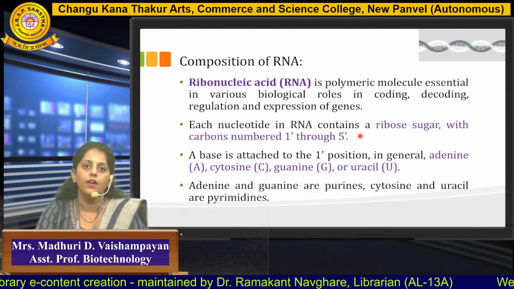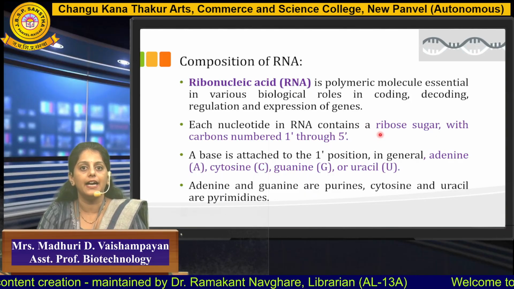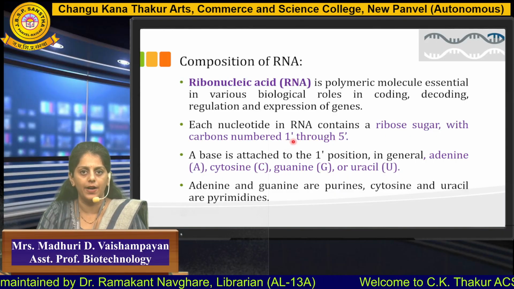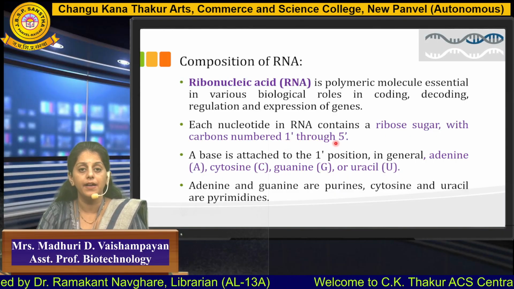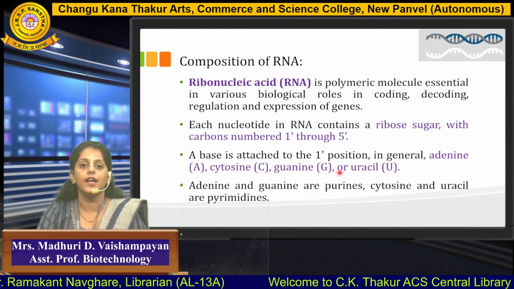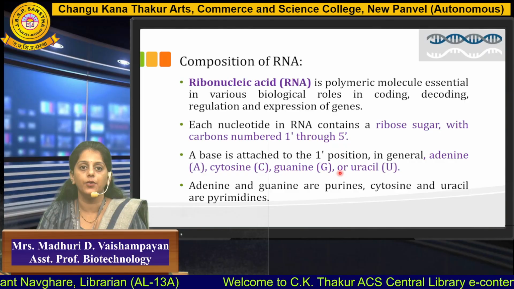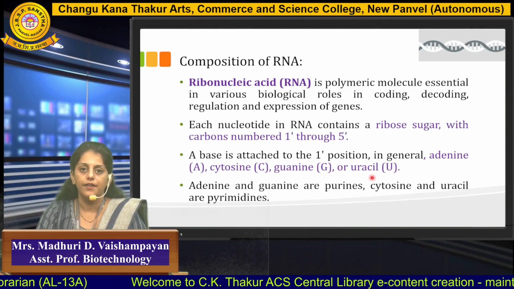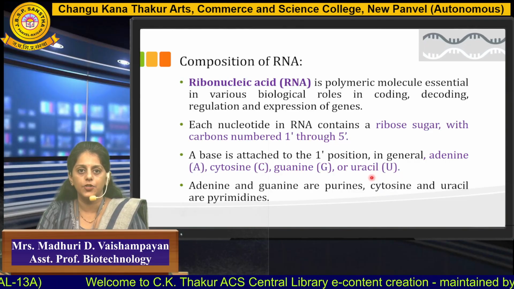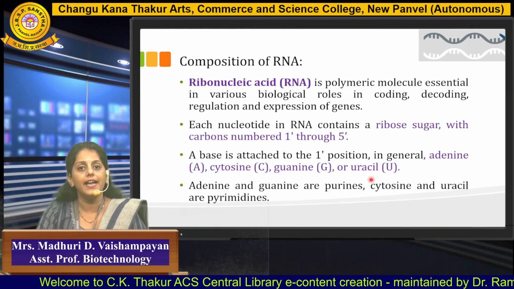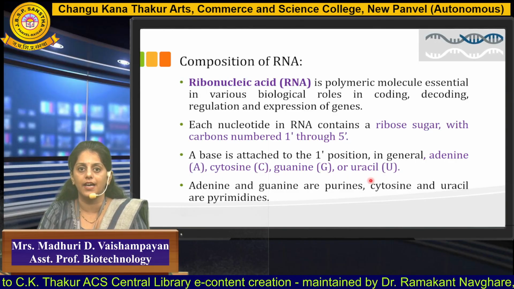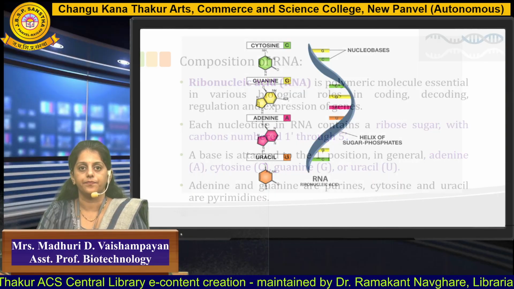Each nucleotide of your RNA will contain again a ribose sugar with carbon numbers 1 prime through 5 prime, and the bases which are attached to 1 prime are adenine, cytosine, guanine and uracil. Now, there are multiple combinations which are available. So, adenine and guanine are your purines, and cytosine and uracil are your pyrimidines.